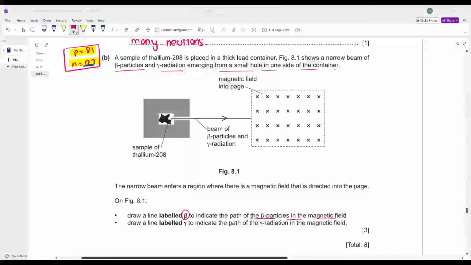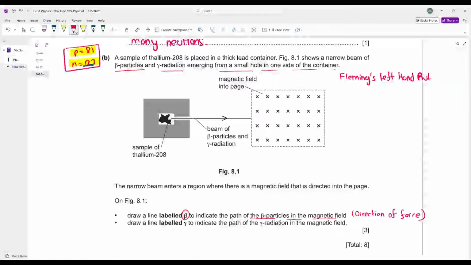First of all, you have to show how the beta particles will travel. Can you realize what you have to find here? The direction of force. Whenever you have to find the direction of force, which law do we apply? Fleming's left hand rule. According to Fleming's left hand rule, your first finger points into the page. This is your magnetic field. Where will your second finger point? Beta particles are travelling towards the right.